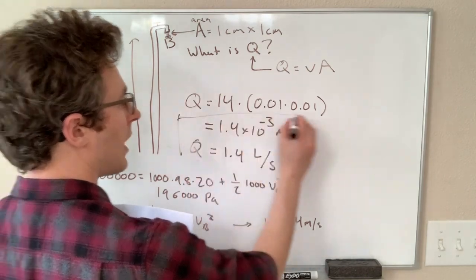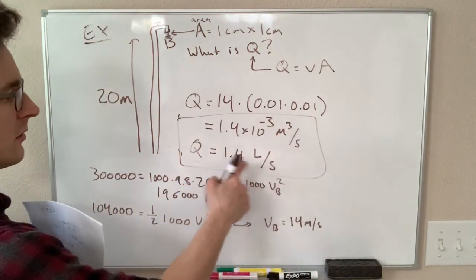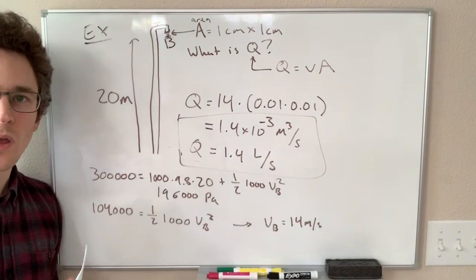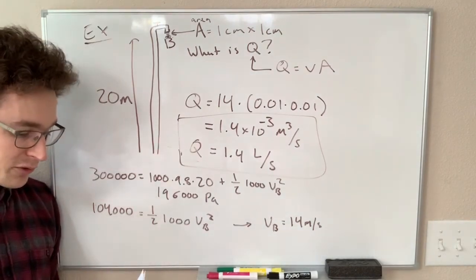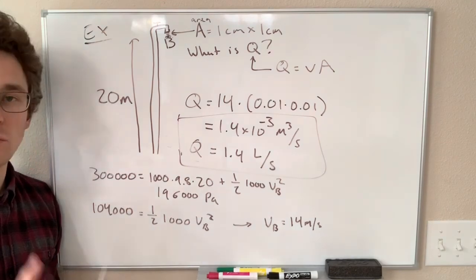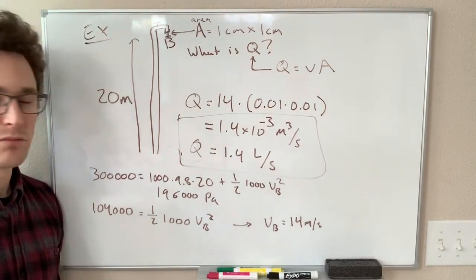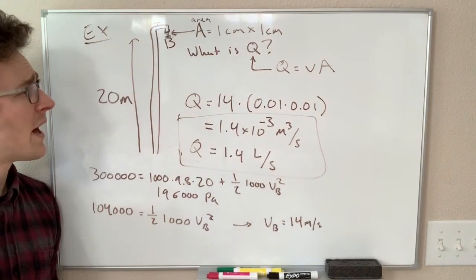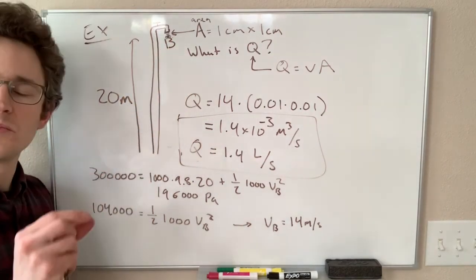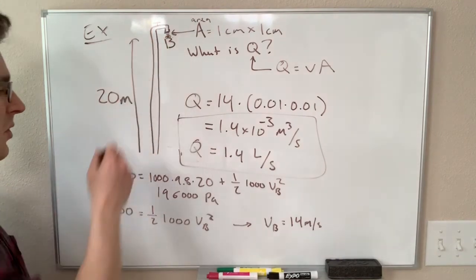So either one of these are good answers. This is a little easier to visualize in your head. 1.4 liters per second is a lot of fluid. That's filling a 1 liter water bottle in 2/3 of a second or something like that. That is a lot of water to come out of such a small opening.